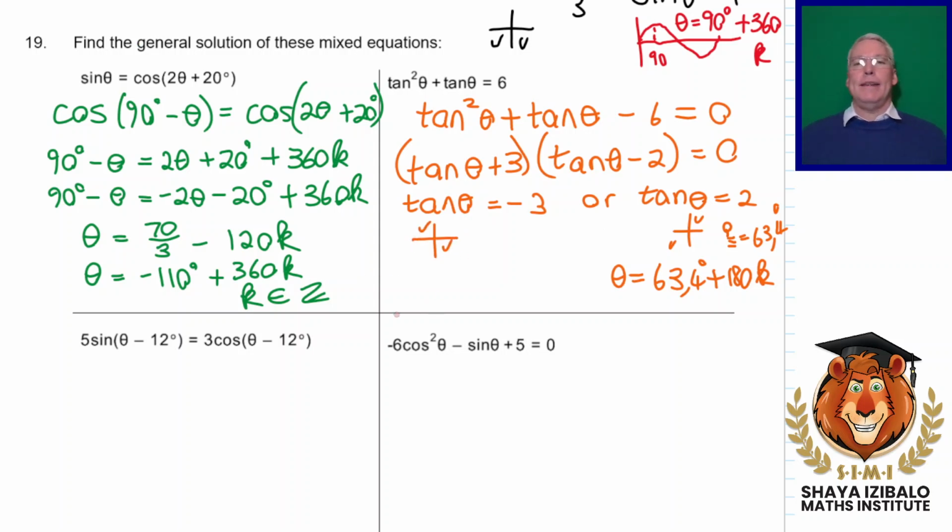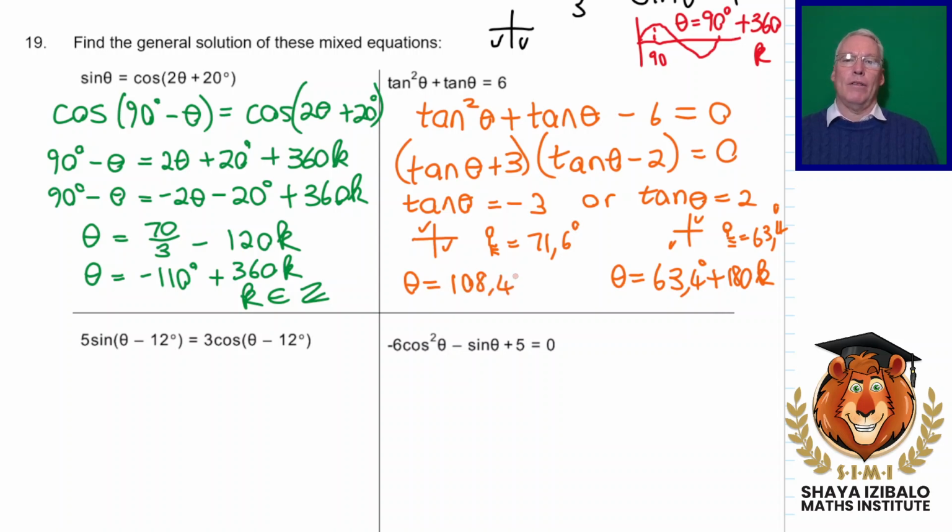So 180 minus 71,6 is actually going to be 108,4 degrees. So our final answer is going to be 108,4 degrees.